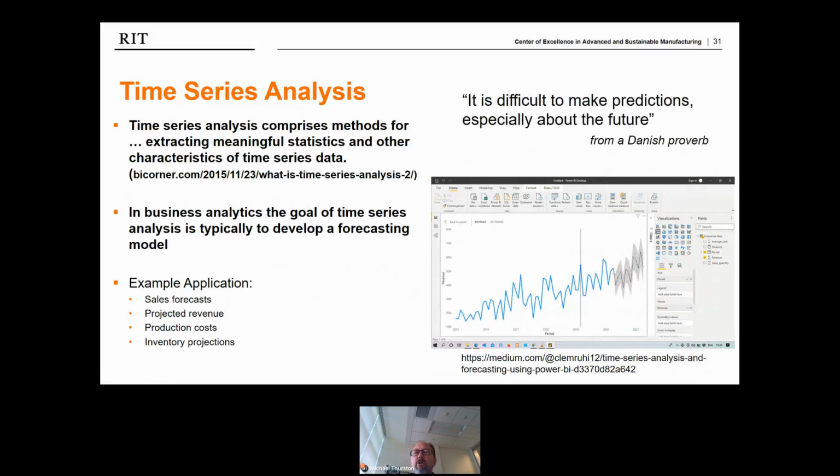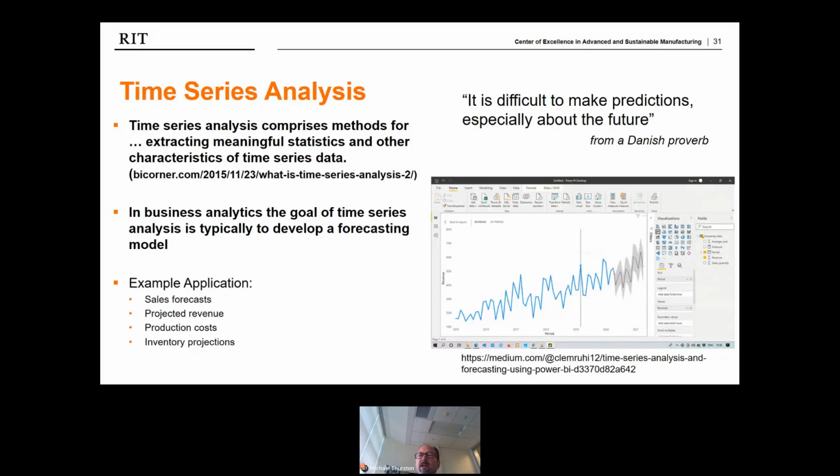But as I'm sure you know, accurate forecasting is very difficult, and we see from this Danish proverb, it's difficult to make predictions, especially about the future. So at the application level, you can imagine the types of forecasting you might want to do: forecasting of sales, revenues, cost forecasting, etc. The methods that are typically applied in business intelligence tools are fairly simple models that can identify basic trends and seasonal cycles.